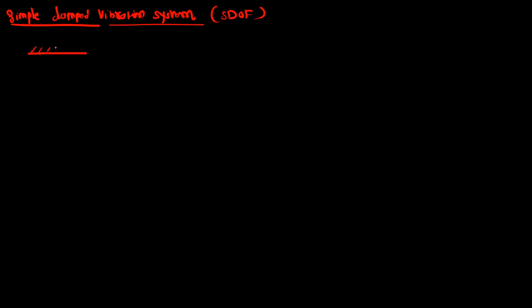So how is the simple damped vibration model represented? In module 3, that is the undamped vibration, any mechanical vibratory system, if it is a single degree of freedom system, we can represent by using this spring and damper, that is one spring and one damper.